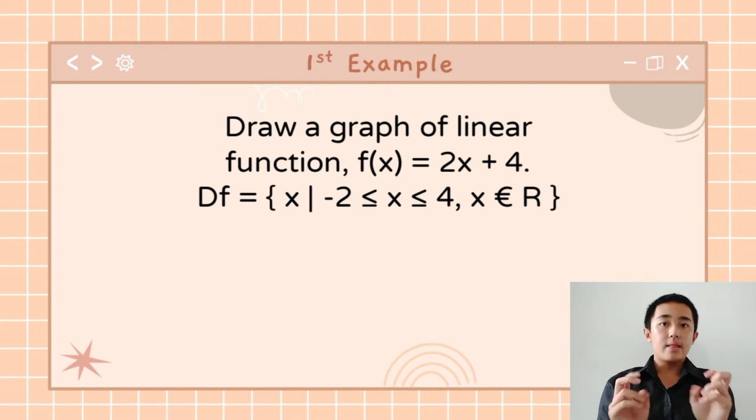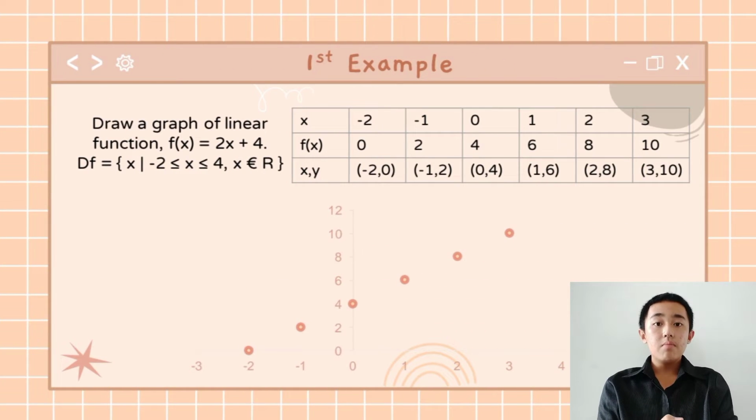We'll need to make a table consisting of x, f(x) or y, and (x, y). In the x row, we input the integers, which are -2, -1, 0, 1, 2, and 3. In the f(x) row, we input the results of x in the linear equation.